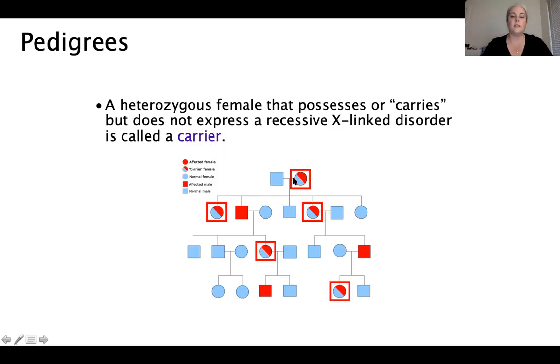Okay. If you are a carrier, you are a heterozygote. Please remember that if it is X-linked, the caret represents the superscript, so it almost looks like an exponent.